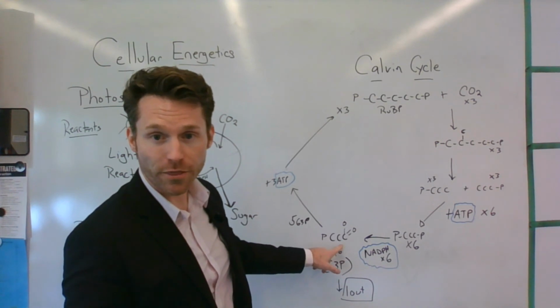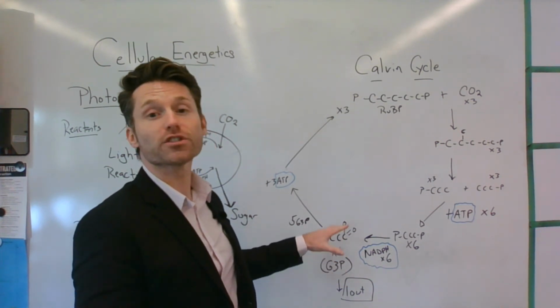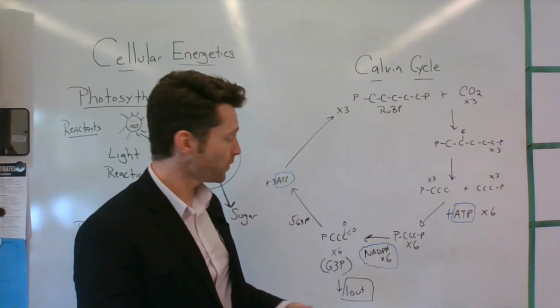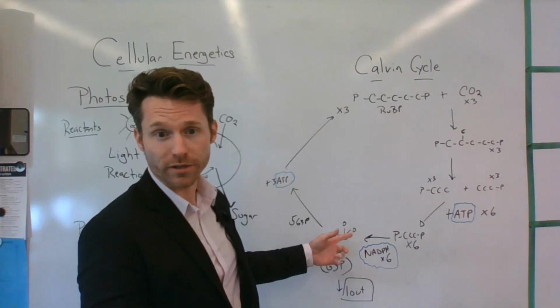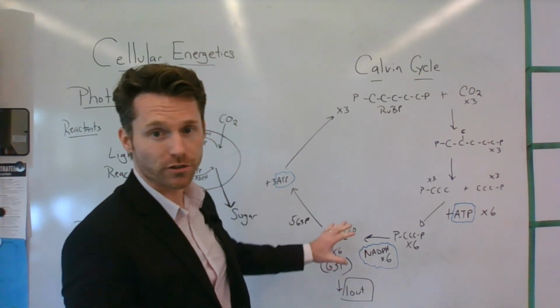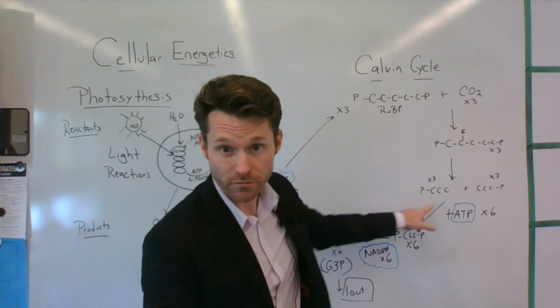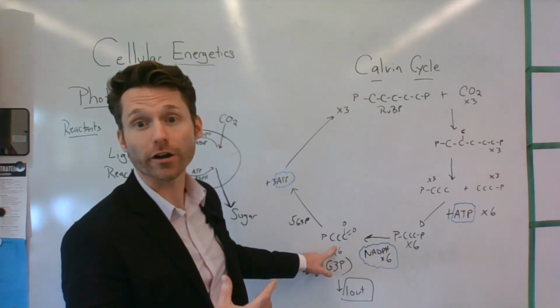It's another 3-carbon molecule with a phosphate on the end, but structurally some of the functional groups attached are different. I have a double bonded oxygen, and I have a single bonded oxygen, just to differentiate that this is different from this. This has functional groups that we need in order to make our product.